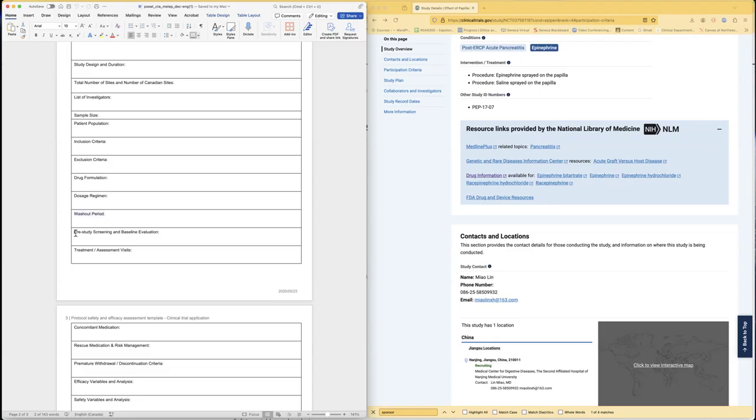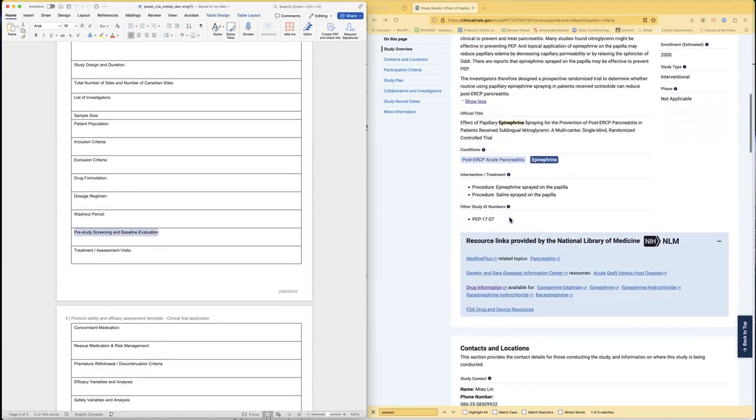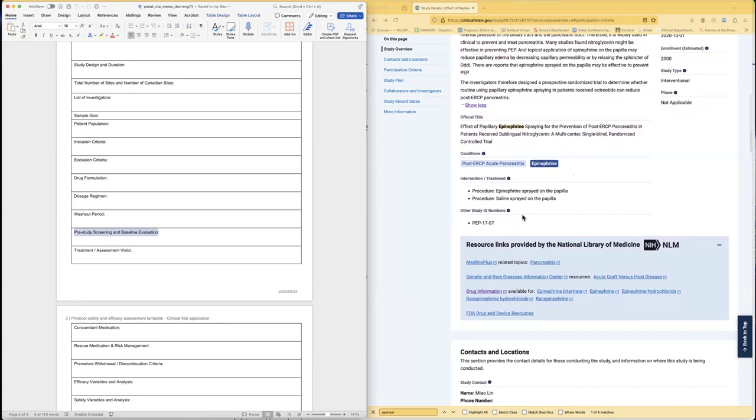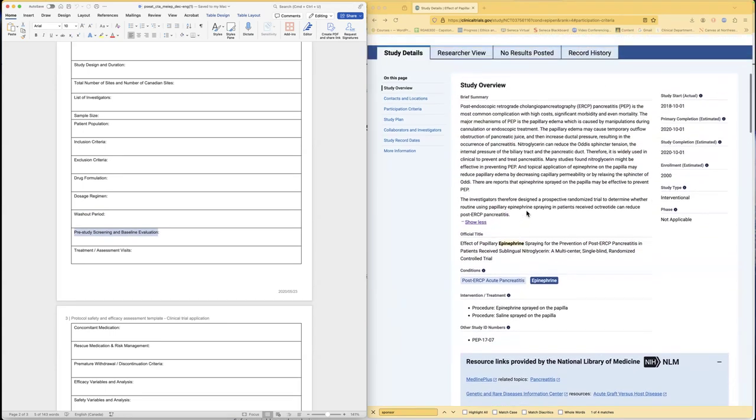Then we also have the pre-study screening and baseline evaluation. Here, usually in the synopsis in clinicaltrials.gov, we have studies that tell us what the pre-study screening and baseline evaluations are. So I am inviting you to choose a study where you have all of this information and you're able to access the pre-study and the baseline evaluation or screening.